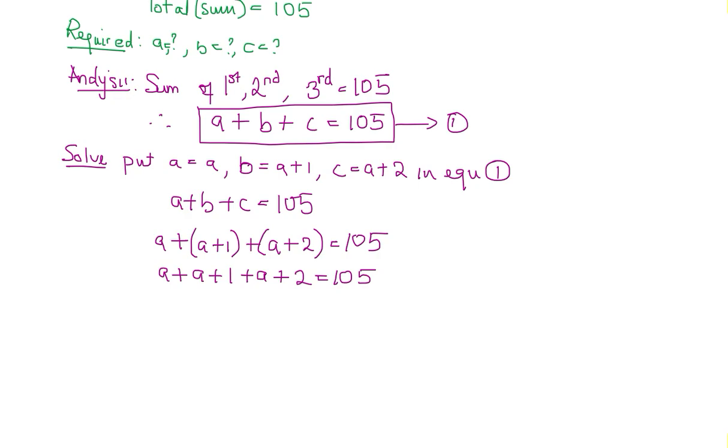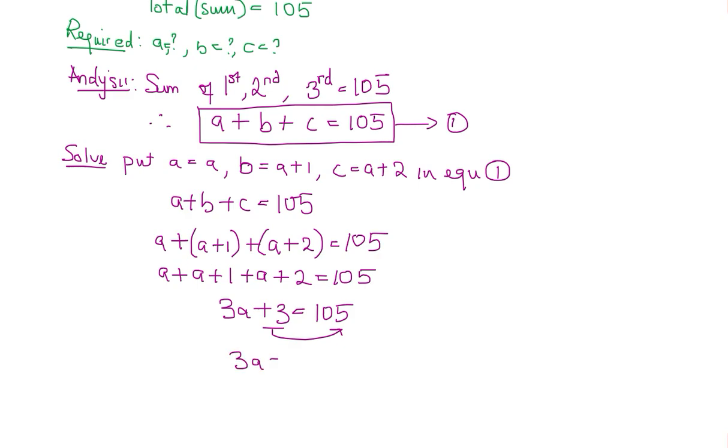A plus A plus A gives us 3A, and on the left side we have constants. Plus 1 plus 2 gives us positive 3, and this here is equal to 105. And what we do next is to move our positive 3 on the left side over to the right side, which means that you're subtracting both sides by 3.